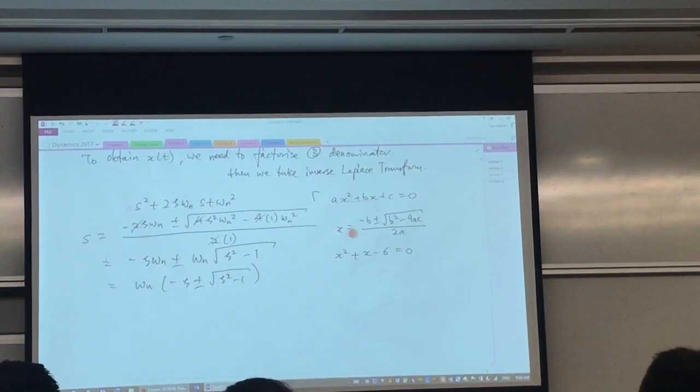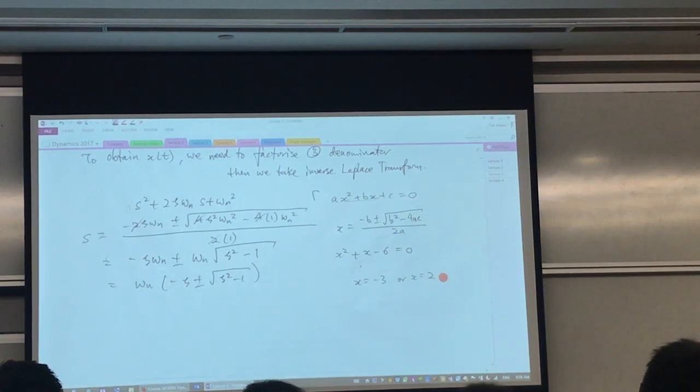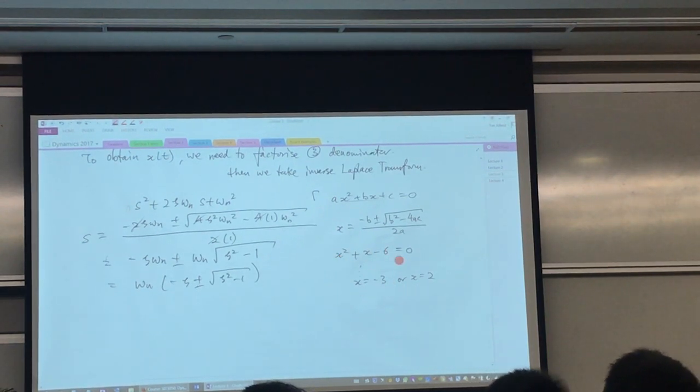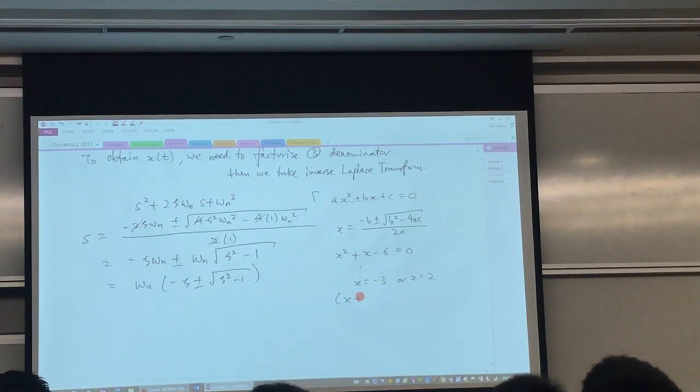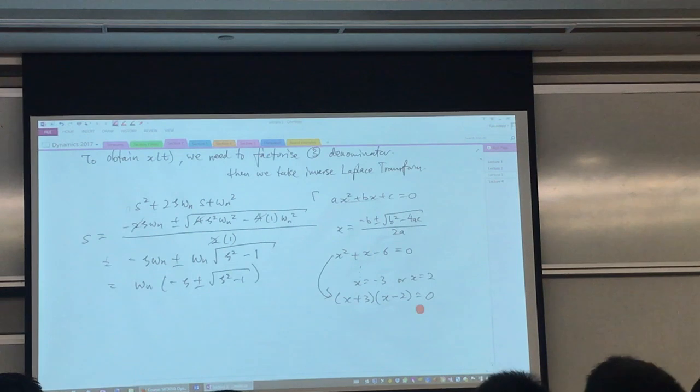If you use the quadratic formula, you'll find that x is equal to minus 3 or x is equal to 2, after you factorize it. And in order to express it in an equation, you take x instead of minus 3 as plus 3, and x instead of plus 2 as minus 2, equal to 0. So that's how you factorize it.